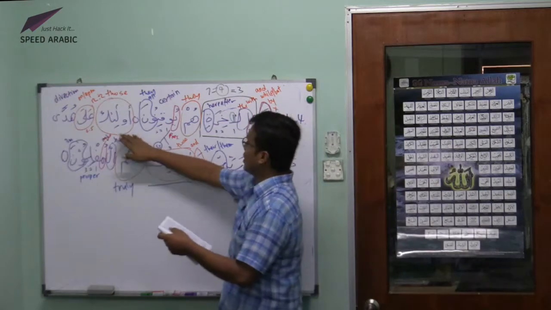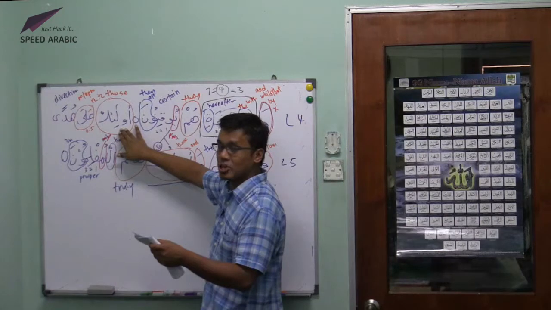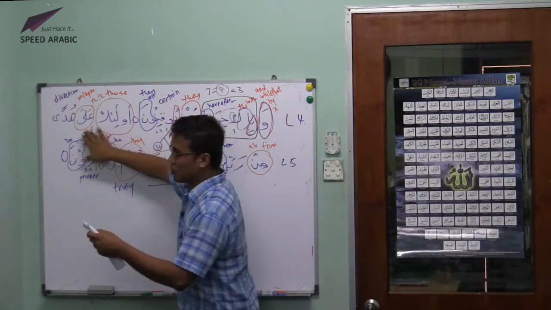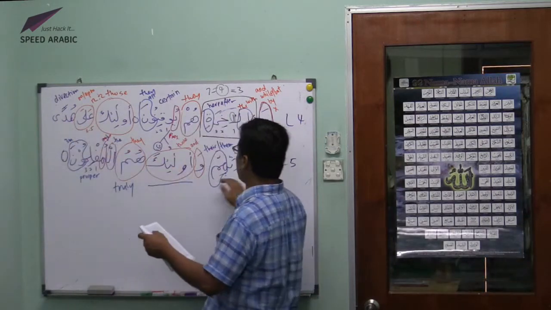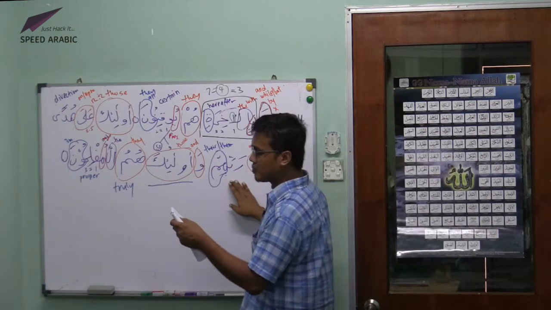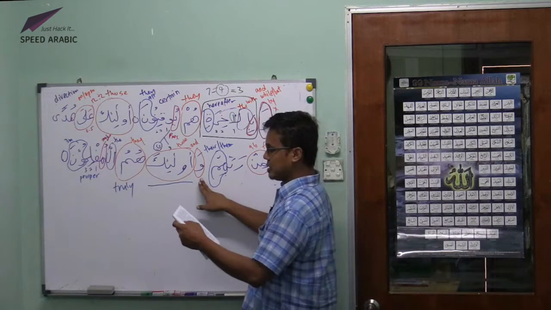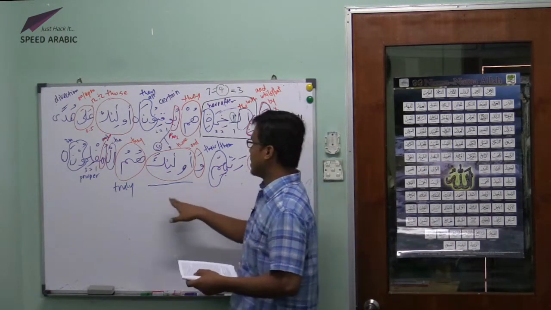Okay, so we'll see one by one. Ulaika, instead of saying those, the translator says such people. Okay, this is from him, are following their Lord's guidance. So ala hudan min rabbihim, which actually means upon guidance from their Lord, is translated as following their Lord's guidance. And it is they who will prosper.